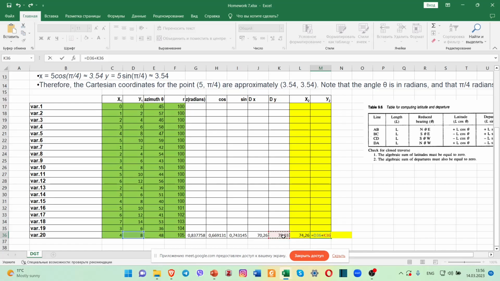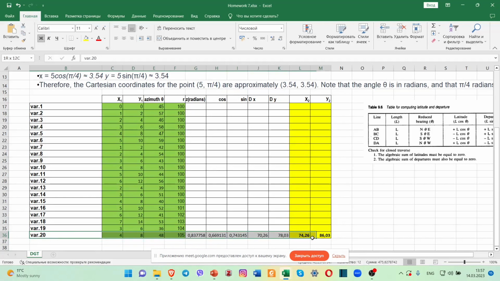We have got these coordinates. So you can see the variant 20 is done.